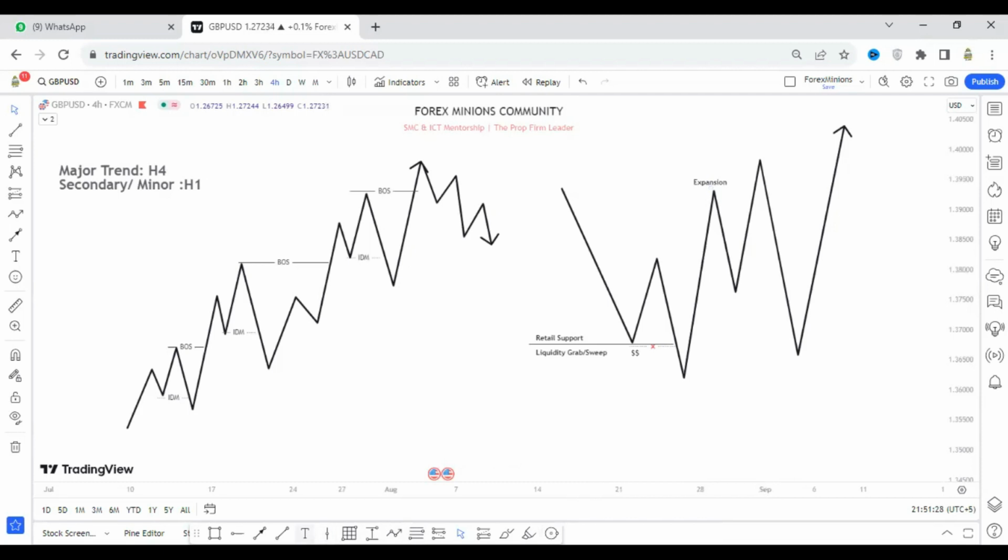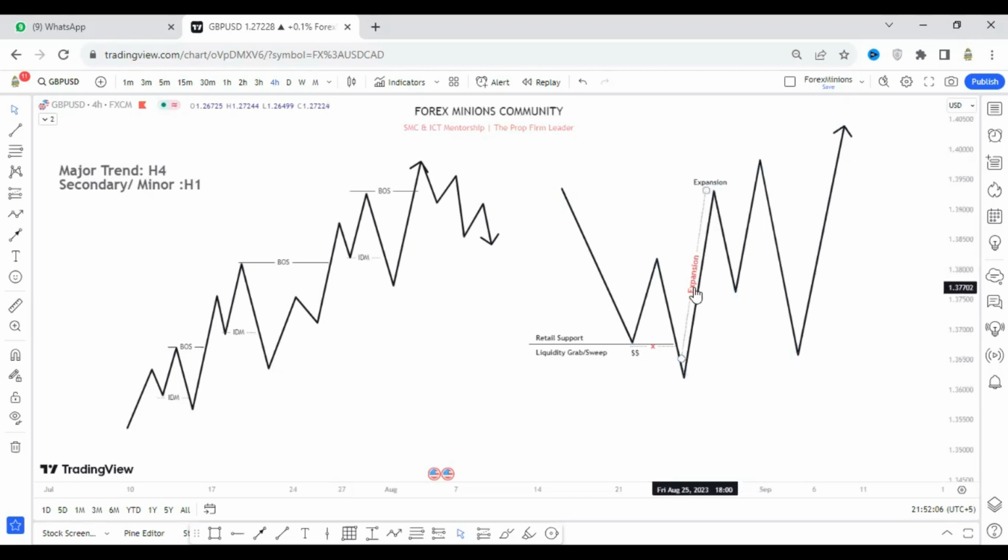Let me mention it here. This move must be an expansion. Now, what does expansion mean? Expansion doesn't mean the market just takes out this high. Expansion means when the market takes out these stop losses, grabs this liquidity, and then expands higher.